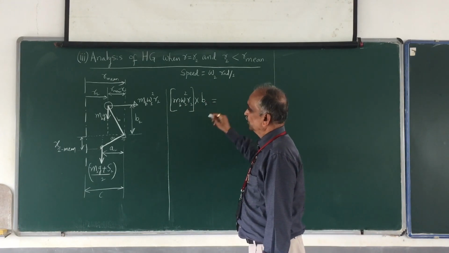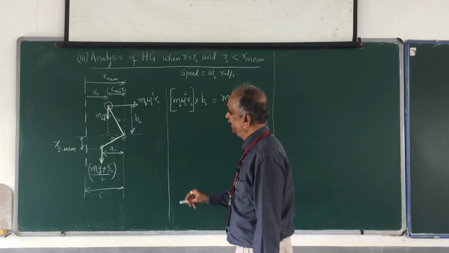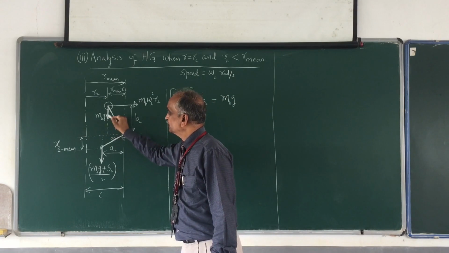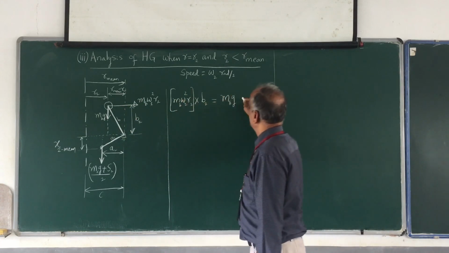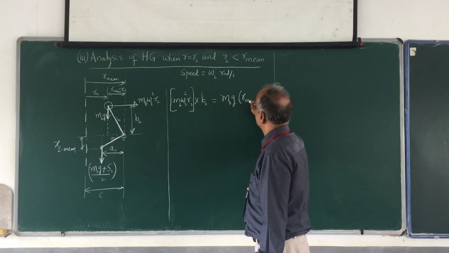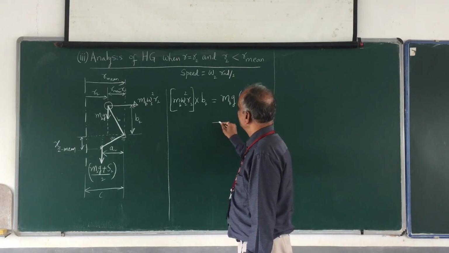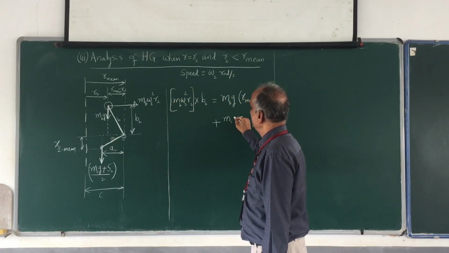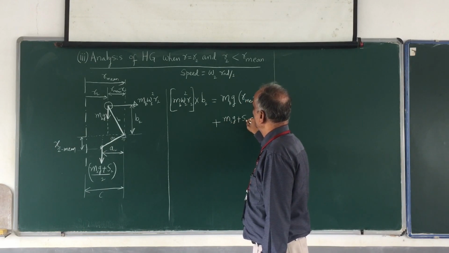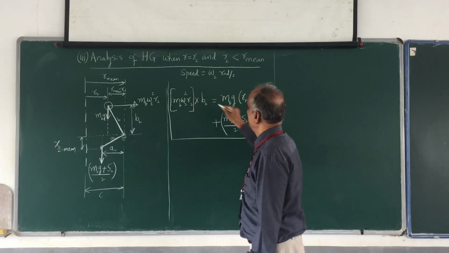This is equal to mb into g, the force multiplied by the perpendicular distance between this force and the fulcrum, that is nothing but this distance, multiplied by r mean minus r2, plus the moment due to this, that is nothing but (Ms into g plus S2) divided by 2 multiplied by a2. So this is the analysis equation.